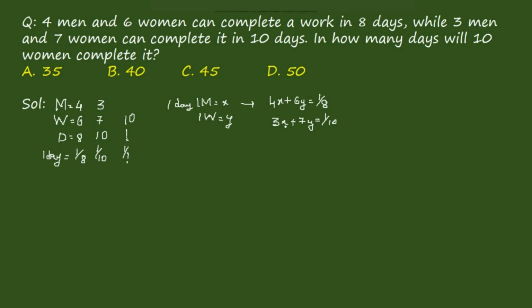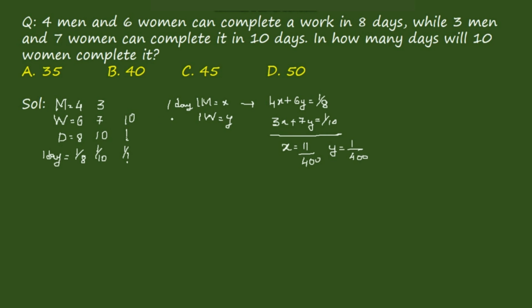That is, 3 men 1 day work plus 7 women 1 day work is equal to 1 by 10. On substituting these values, we get the value of x is equal to 11 by 400, and y is 1 by 400.